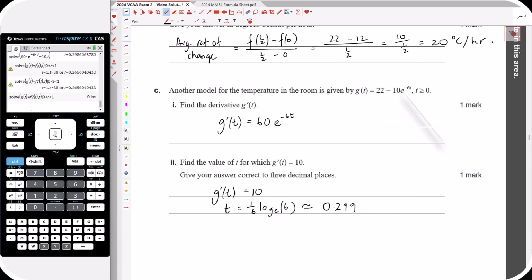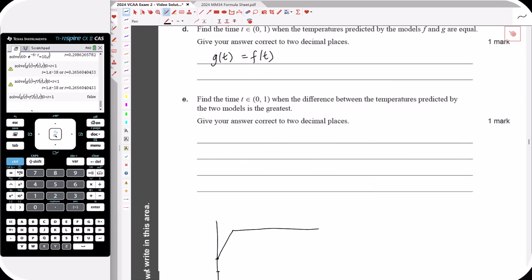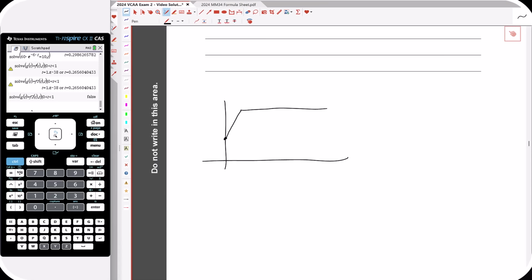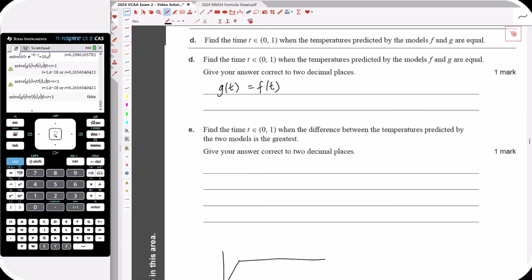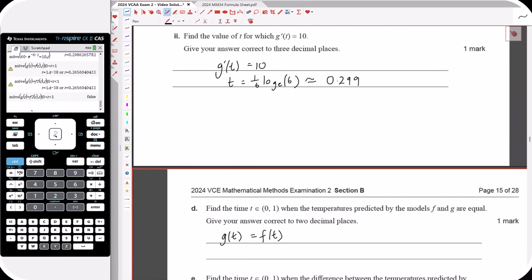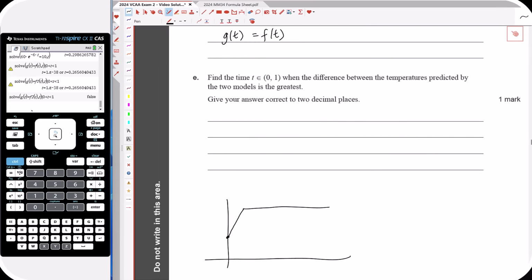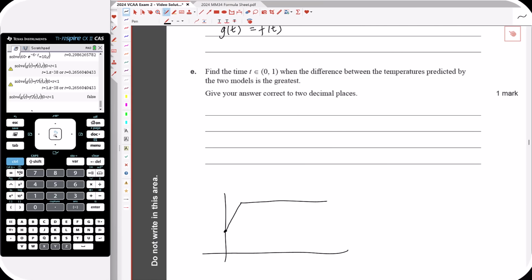Oh no, it's going to have y-intercept at 12. It's reflected in both axes, exponential this way. It's going to have an asymptote at 22. Yeah, so it's going to go this way, to an asymptote. So they actually both start at the same y value.